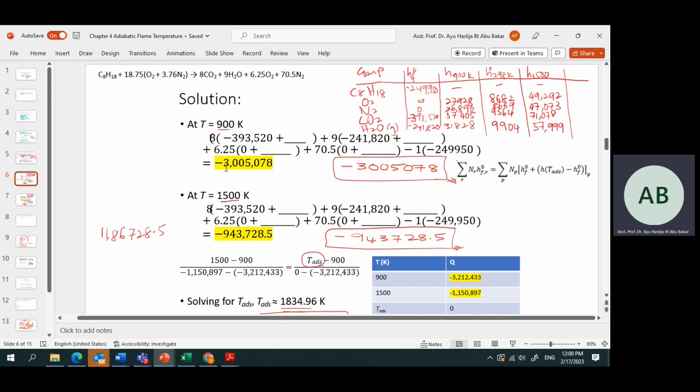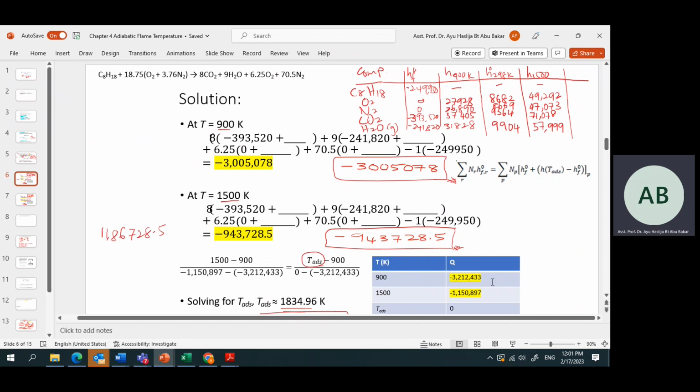Once you get the enthalpy at T900, then find out the enthalpy at T1500. Once you get the figure over here, do the interpolation or extrapolation, depending on the case. I suggest you put it in a table to see it clearly.